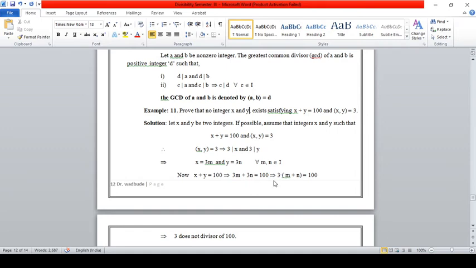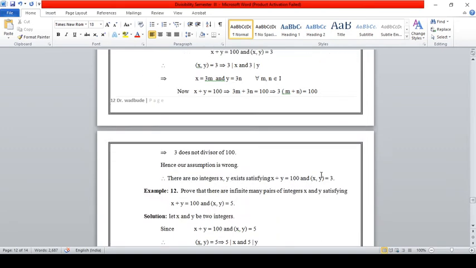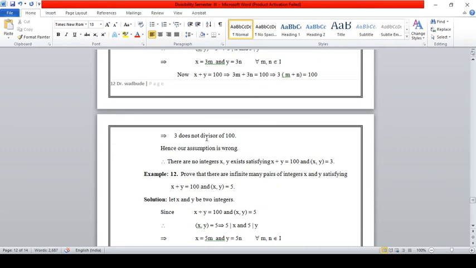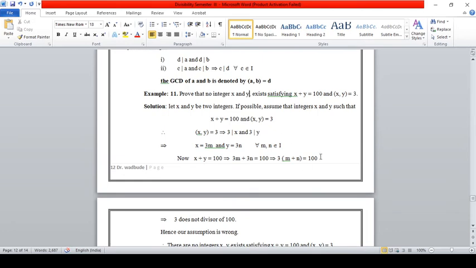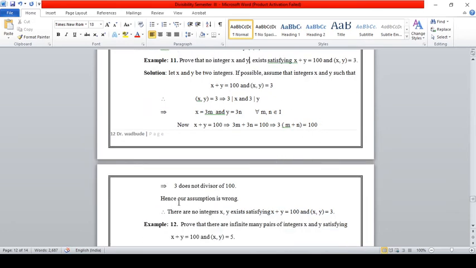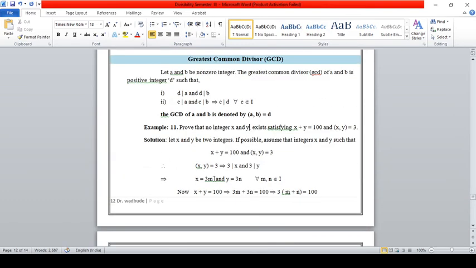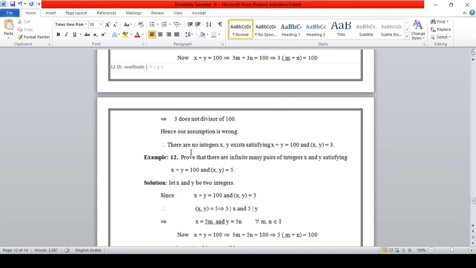Here 3 is common, so 3 times m plus n is equal to 100. But 3 is not a divisor of 100. Hence our assumption is wrong. What is our assumption? That integers x and y exist such that x plus y is equal to 100 and their GCD is 3. So there are no integers x and y satisfying x plus y equal to 100 with GCD 3.